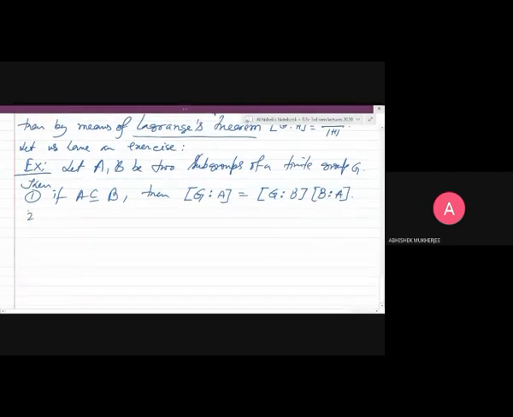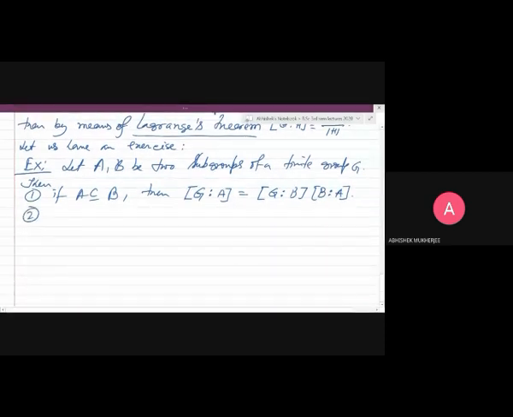Number two, index of A colon A intersection B. Now, since A and B are two subgroups, their intersection is also a subgroup, and it is a subgroup of A and B both, right?